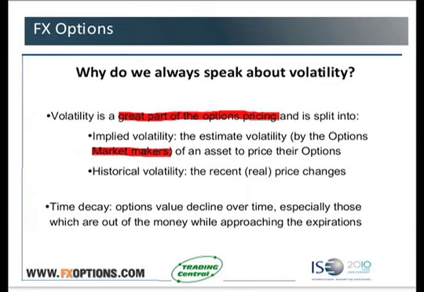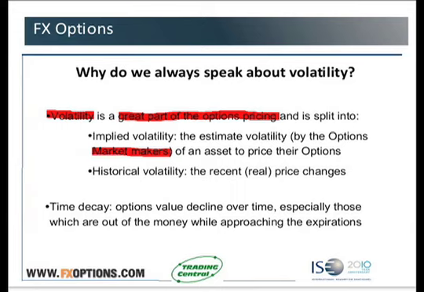So the volatility is the probability that, for example, an out of the money option could be in the money before the expiration of its contract.